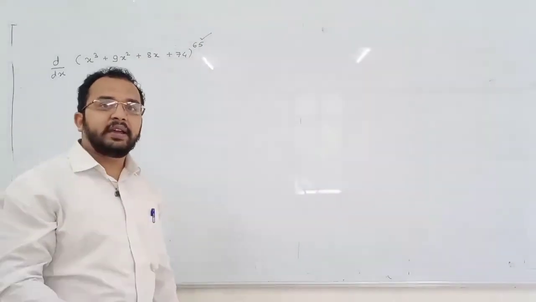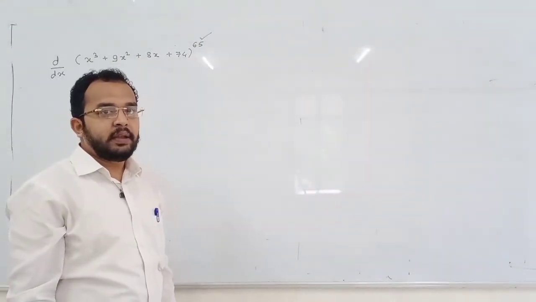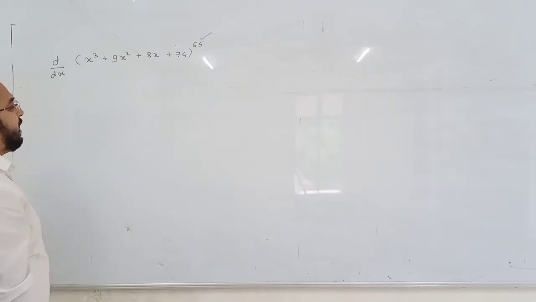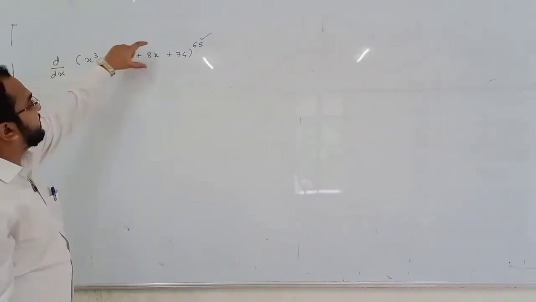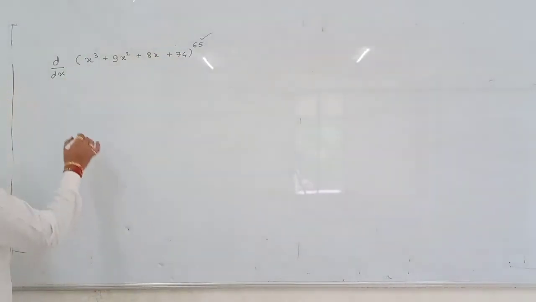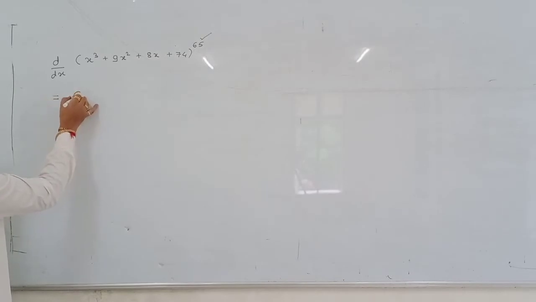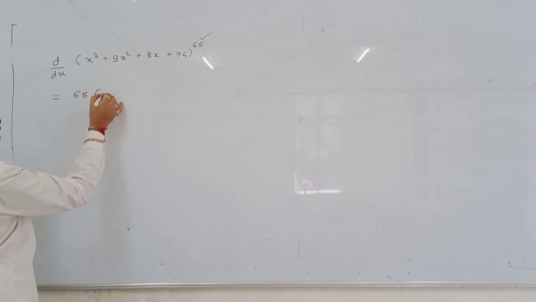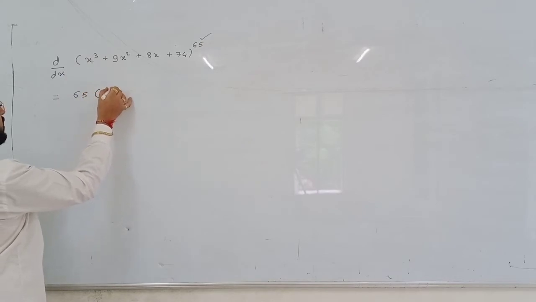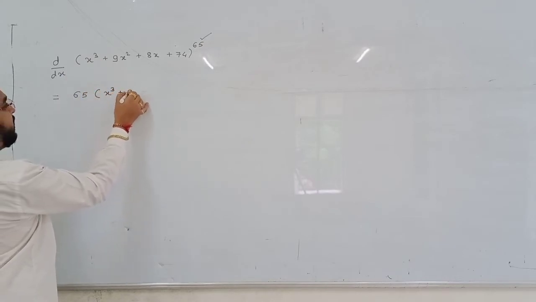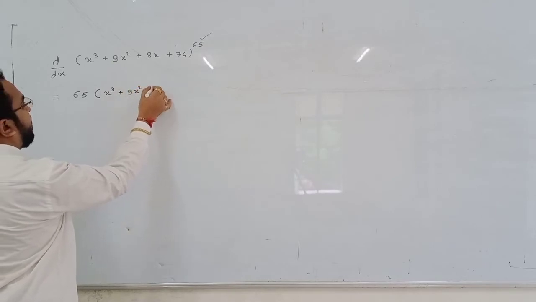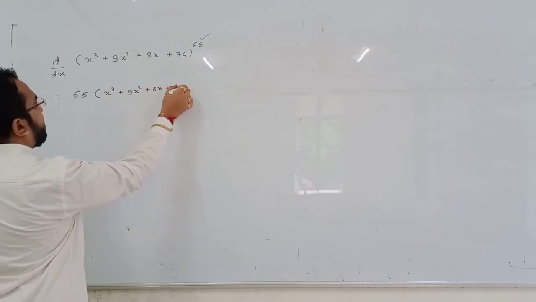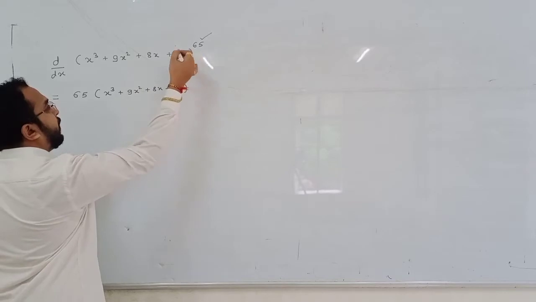Now first we'll apply the power rule, assuming this as x. So apply the power rule: 65 into x cube plus 9x square plus 8x plus 74 to the power 65 minus 1.